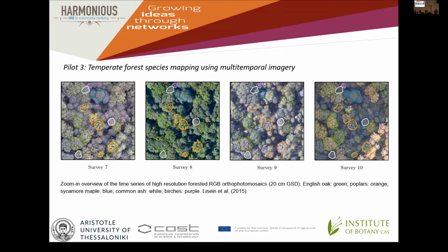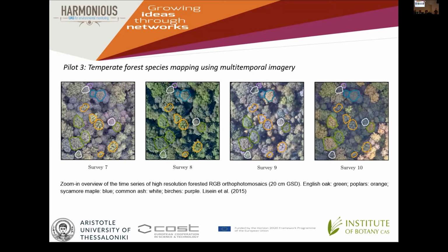The main idea is that when we have multi-temporal imagery of the same ecosystem, it is much easier to identify different species because they behave differently during the phenological cycle.